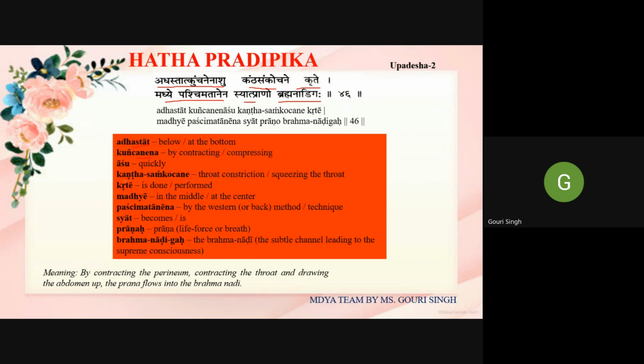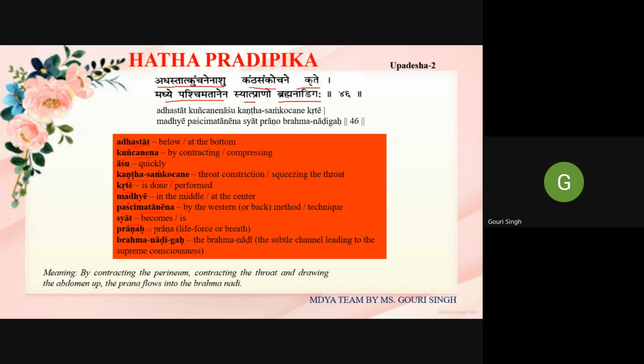Kantha sankochane means it is also applied in the throat area, squeezing the throat. Krute means by performing this contraction in the perineum area and this contraction in the throat area, Paschimatane syat pranaha brahmanadiga.